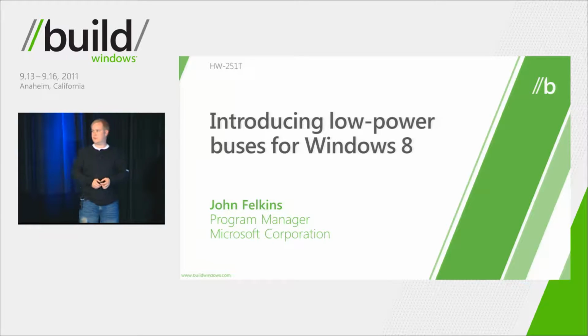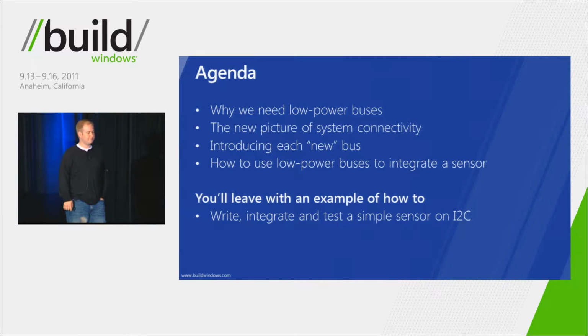And today, as the title indicates, we're here to talk about new support for low-power buses on Windows 8. First, we're going to start off by talking a little bit about why we need low-power buses, why we are adding new buses at all to Windows. Then we're going to take a look at Windows 7 connectivity versus Windows 8 connectivity and the new options that exist.